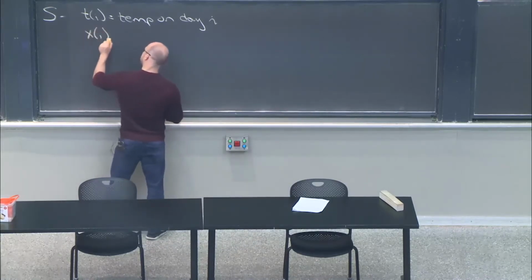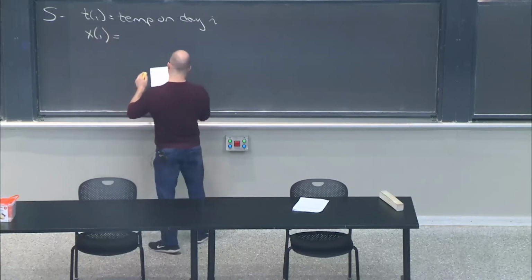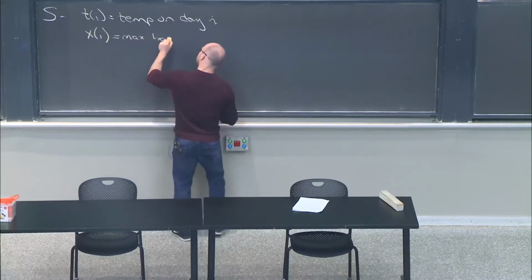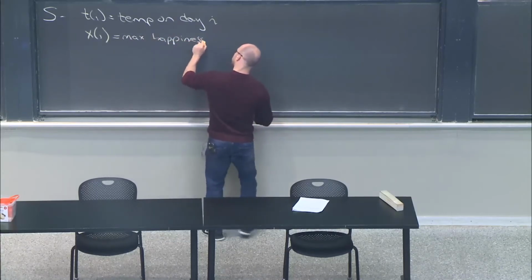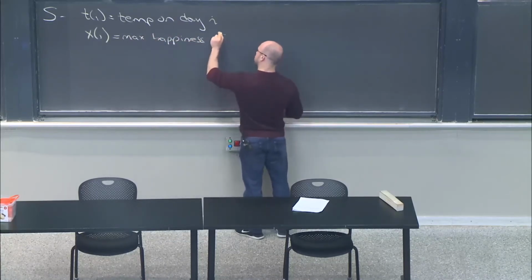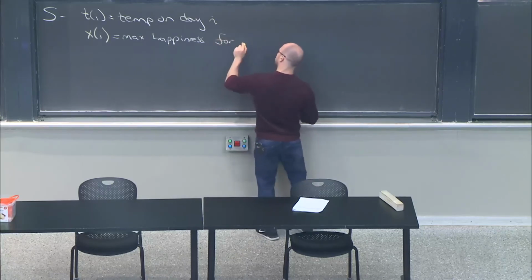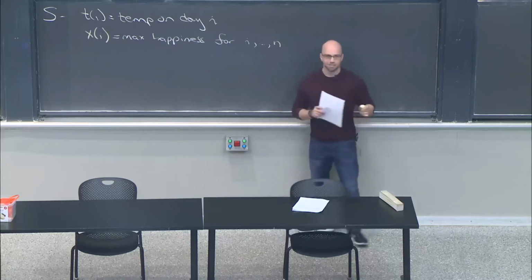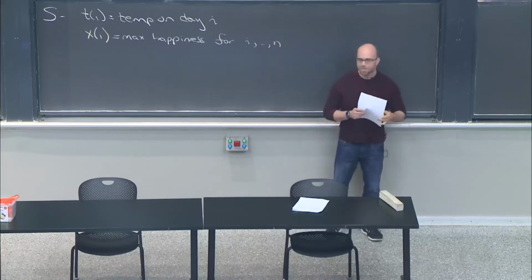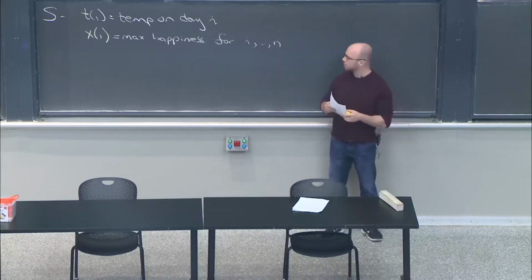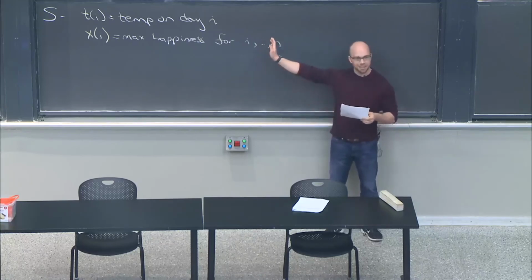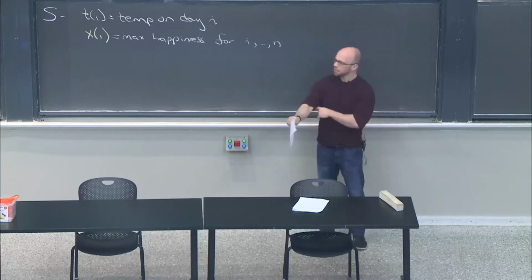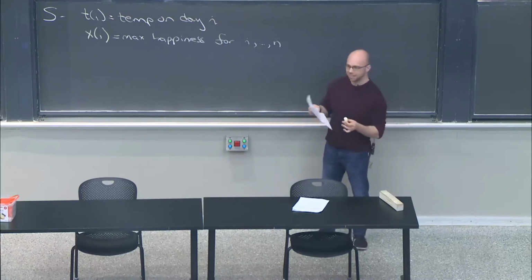This is going to be x of i, which we'll write as the maximum happiness that you can achieve if you only consider the calendar from day i to day n, inclusive. Incidentally, just for convenience, we'll assume that x of i is equal to 0 if i goes past the end of my array. I think it's a typical thing to do in these DP algorithms.